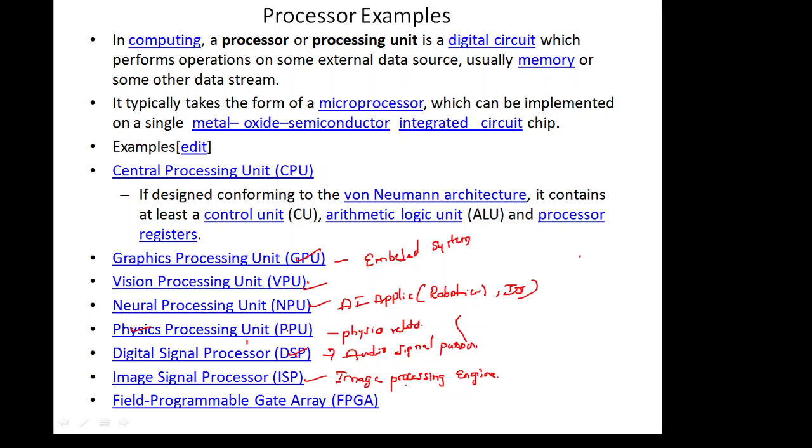Sorry, image processing engine unit, like we call it IPU, like ISP or IPU. It is a type of media processor, a specialized digital signal processor, used mainly for image processing.